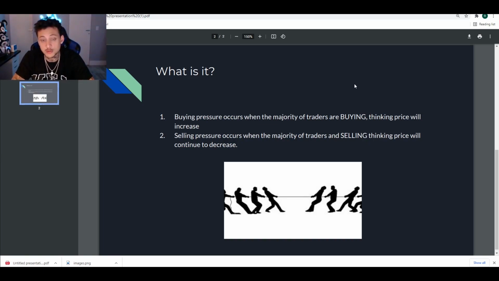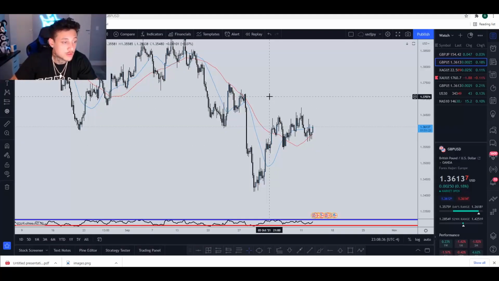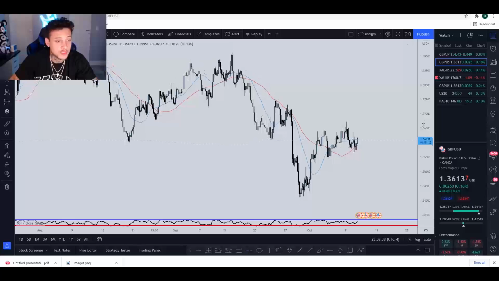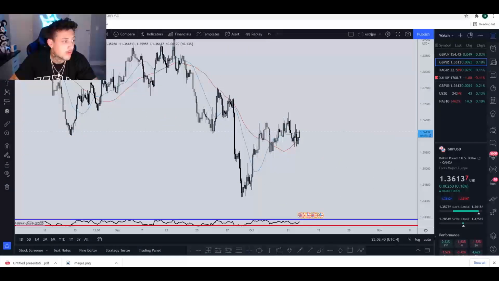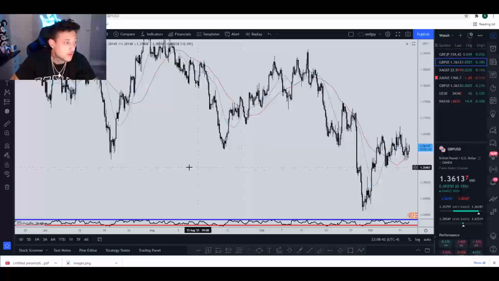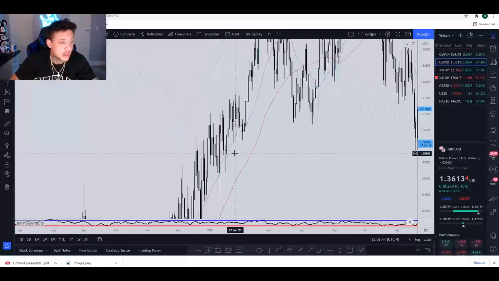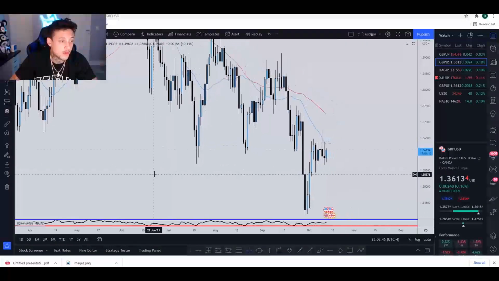Now we're going to go into the actual charts and look how we can incorporate this into our trading and actually look for live examples. So now that we're in the actual chart, pretty much what we're going to be doing is starting off by actually marking off our major levels of support and our major levels of resistance, but I kind of want to do this with our supply and demand levels, right?